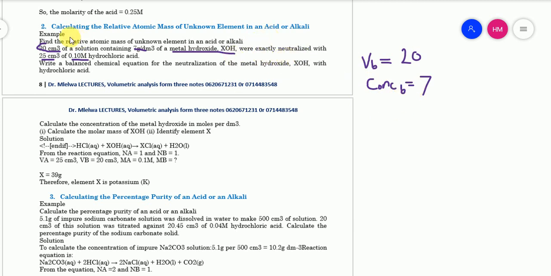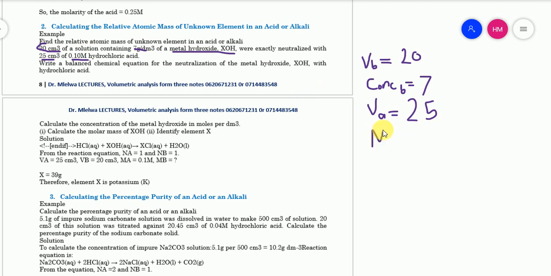We exactly neutralized 25 cm³ of 0.1 M hydrochloric acid. So we know our volume of acid is equal to 25. Volume of acid is equal to 25, and after that we have the molarity of acid, which is here.